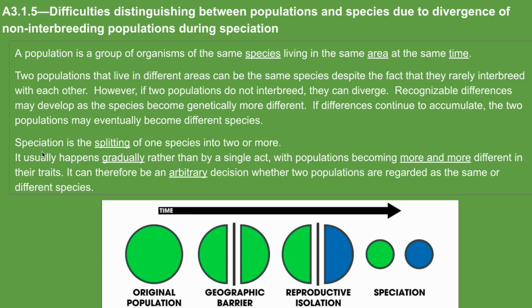And so we call that speciation, the splitting of one species into two or more. It usually happens gradually rather than by a single act, and populations just become more and more different over time. It can therefore be an arbitrary decision whether two populations are regarded as the same or different species. Again, there's going to be some gray area. Are we going to say they're separate species or not?